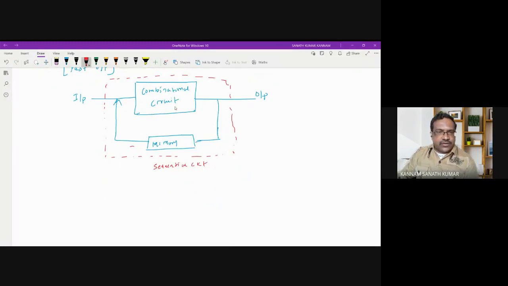So in the sequential circuit, the present state and the present input define the output and next state.